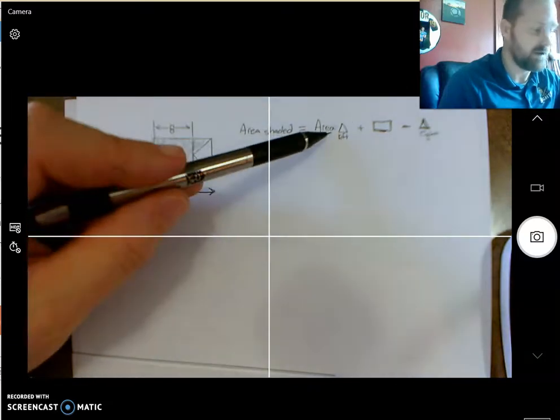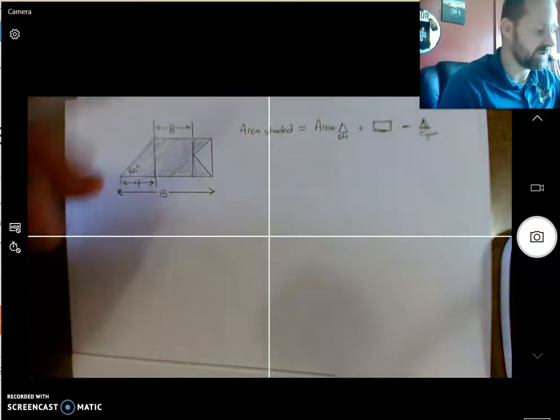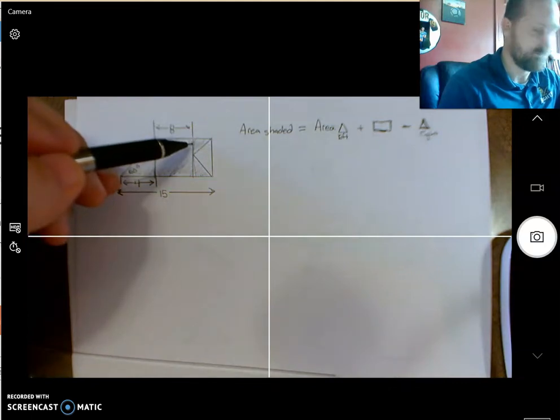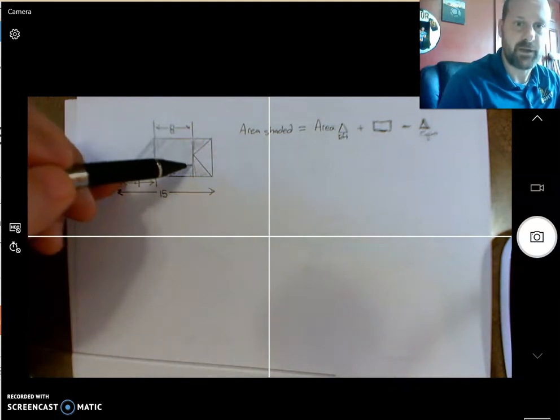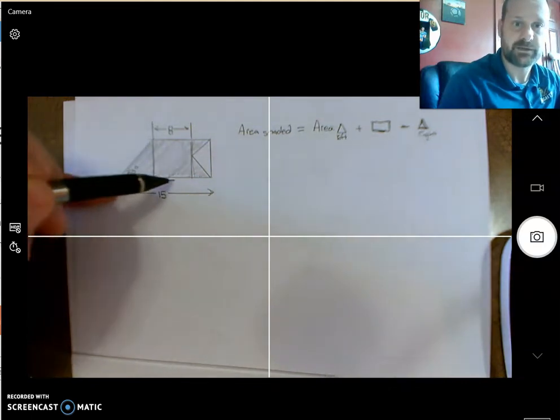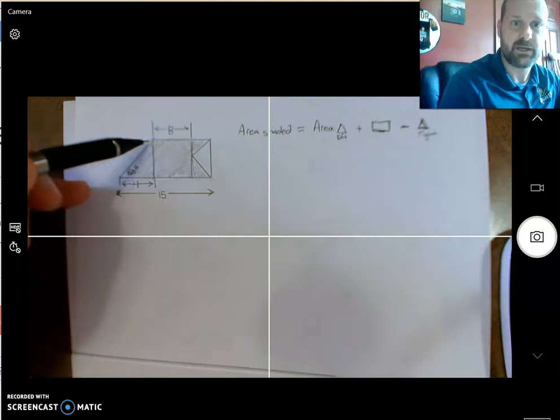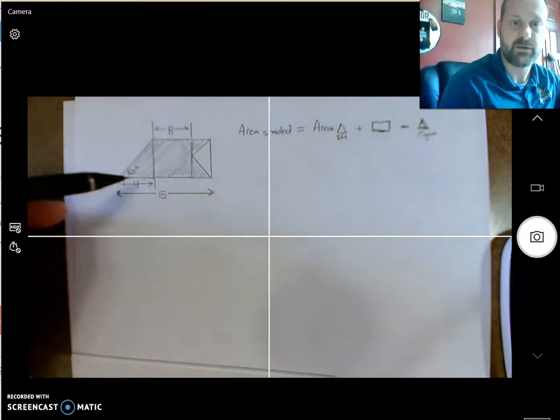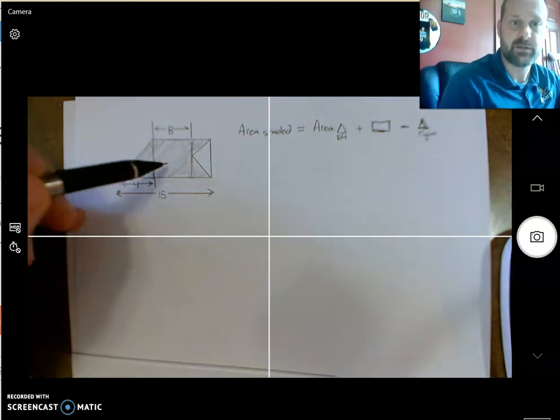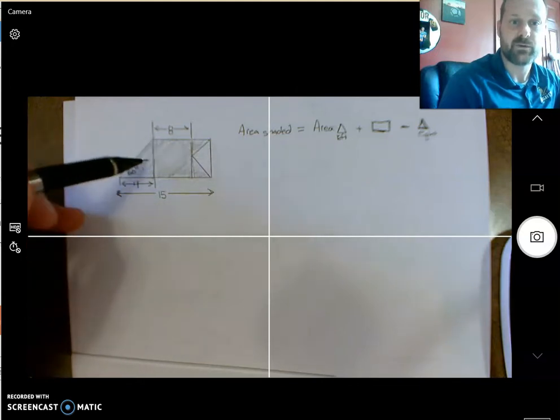So it's going to be area of, whoops, I didn't want that one. Okay, not that, but this big one. So this big one here, the area of this rectangle. So area of this triangle plus the area of the big rectangle, which will also use the height.